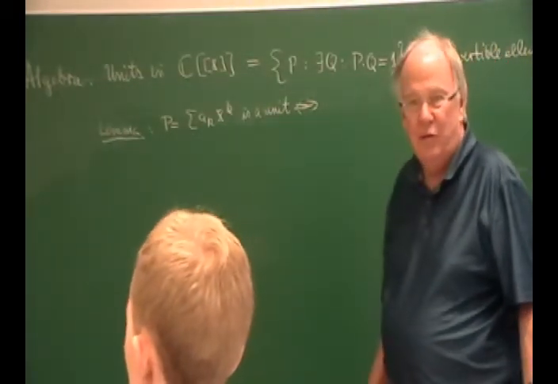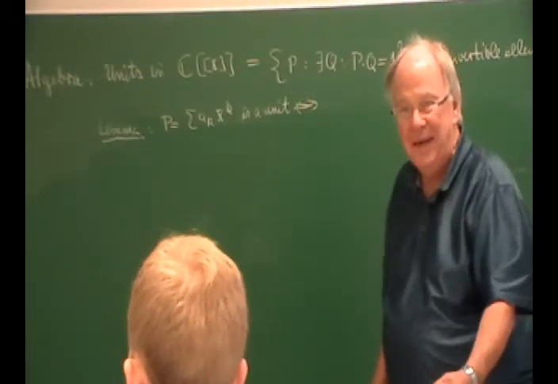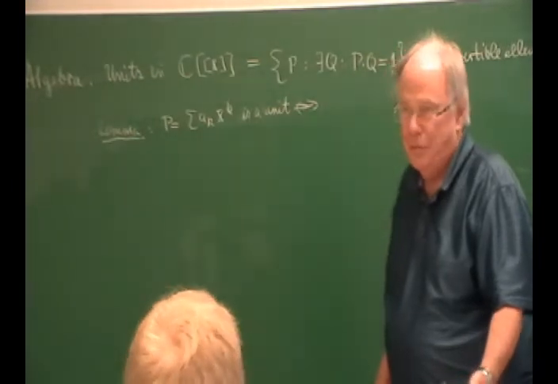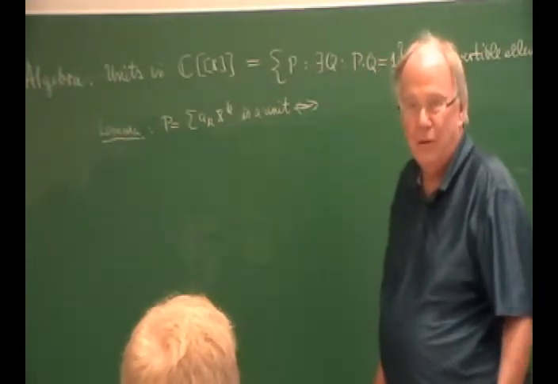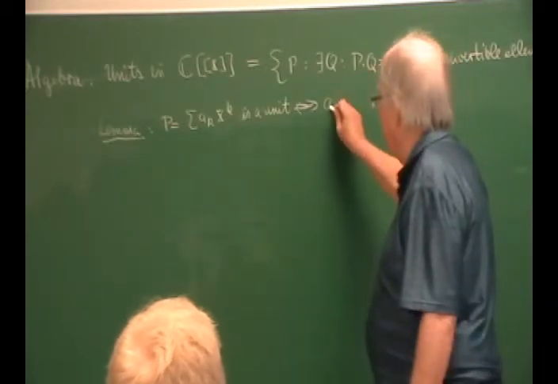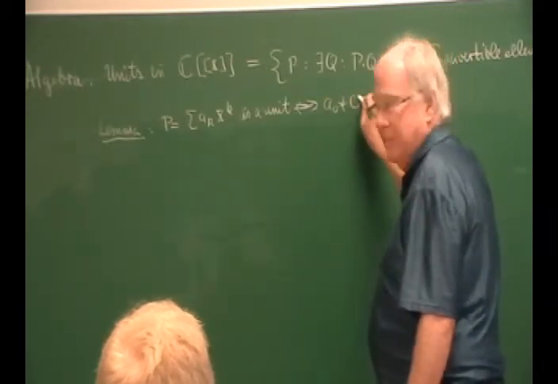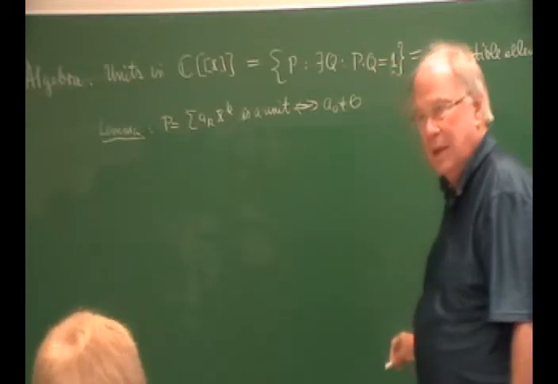You want to look at 1 over this thing? The first element, a 0, is non-zero. I would hope so. Yeah, I would hope that this is a lemma. That's what you said, right?